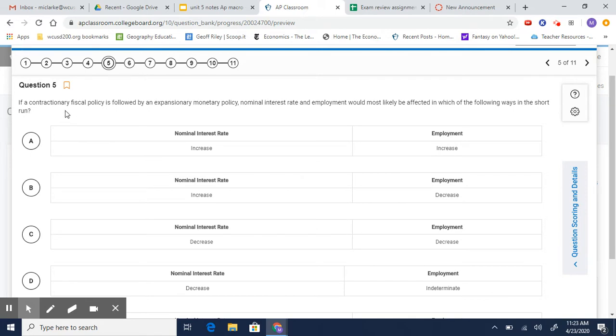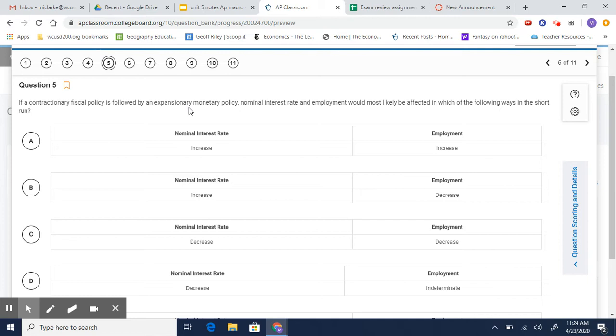So when you think of a contractionary fiscal policy, you should think of the government spending less money and therefore borrowing less money and raising taxes. So because of that, the demand for loanable funds is going to shift left. The government doesn't need as many loans. So that's going to result in a decrease in interest rates. With an expansionary monetary policy, think of the Fed buying bonds, pumping money into the economy, lowering the discount rate.